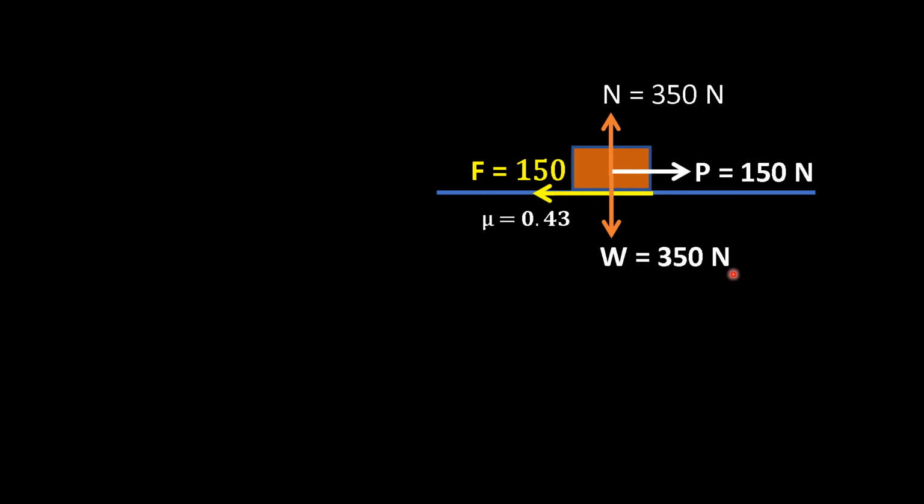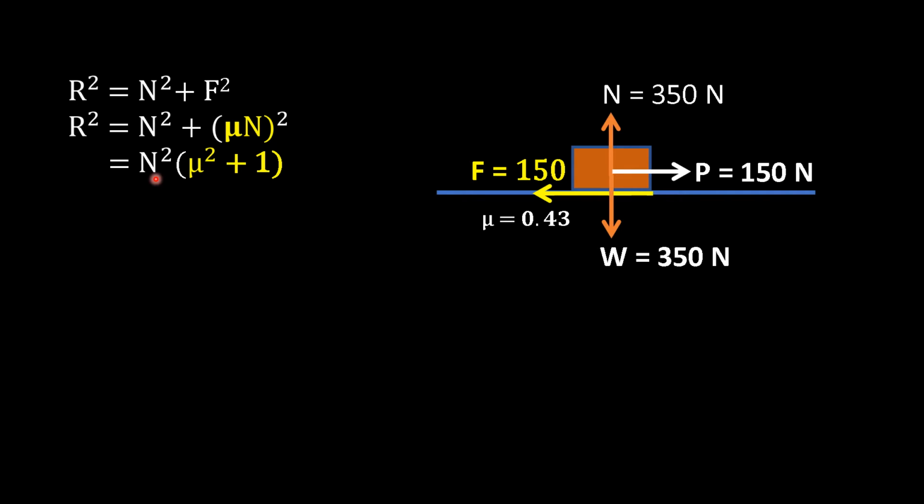We will find resultant of normal reaction N and frictional force F. We have R squared equals N squared plus F squared, but F equals mu N. Taking N squared common factor, we get N squared times mu squared plus 1.